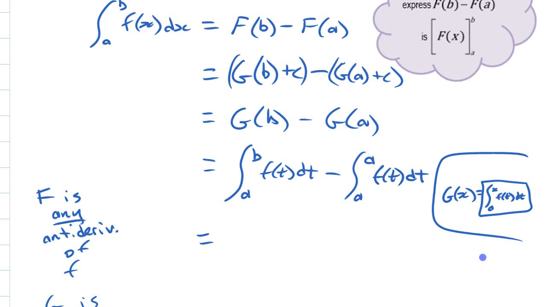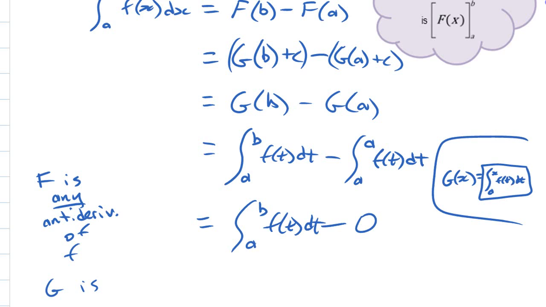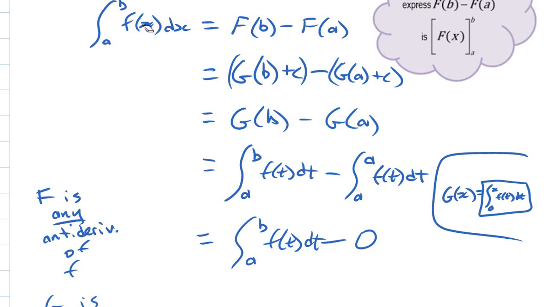Keep that separate. What do you know about those two things, though? The second one's 0, right? Minus 0. So you've got the integral from a to b of f of t dt. It doesn't matter what the variable is there. This could have easily been t here. It doesn't really matter what the variable is as long as that one matches that one, right?